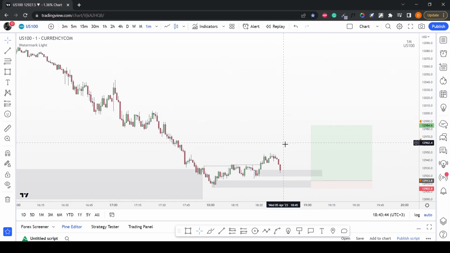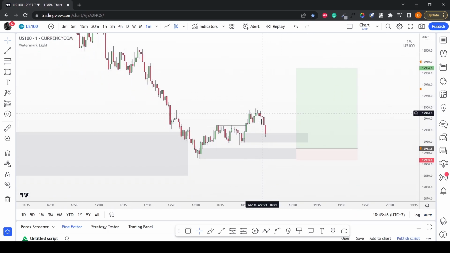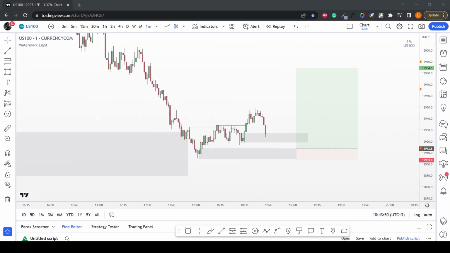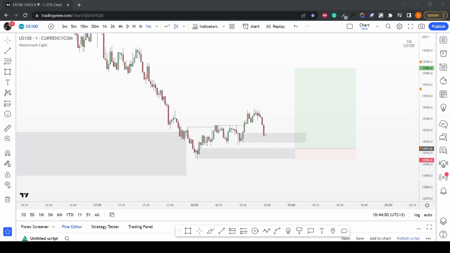Okay, so looking at this alert, having some reaction, happy to take a trade from here. Protecting myself just below the zone.